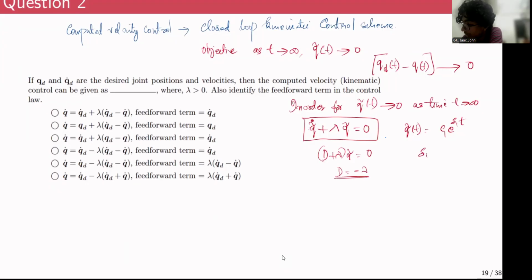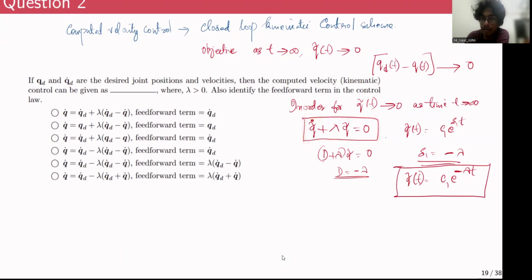So your S1 would be minus lambda, and your system behavior would look something like this: q tilde of t would be C1 e raised to minus lambda t. So if your system behaves as per this error dynamics, it is guaranteed that as time t tends to infinity, this term would asymptotically tend to 0.